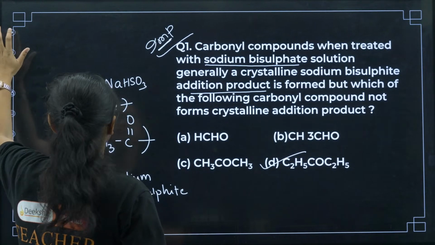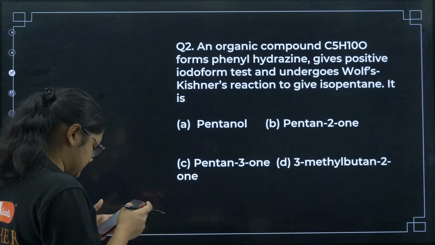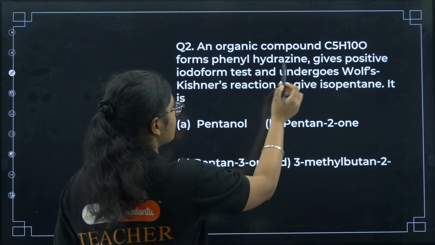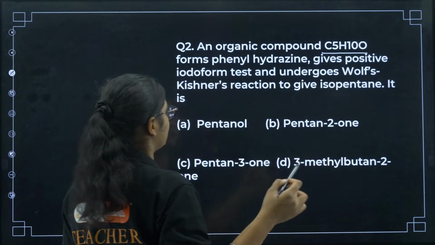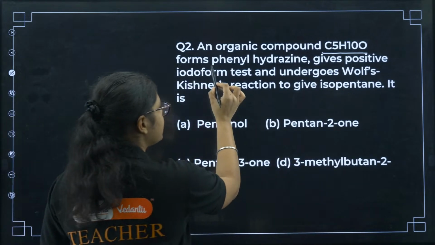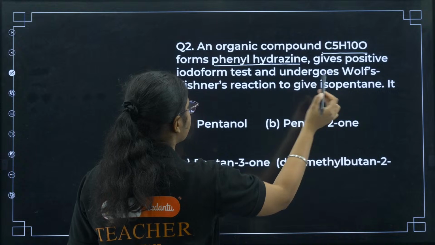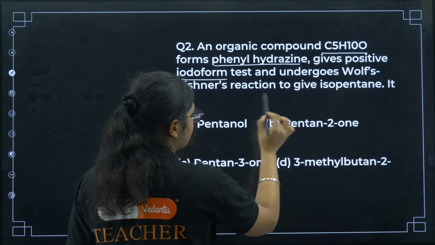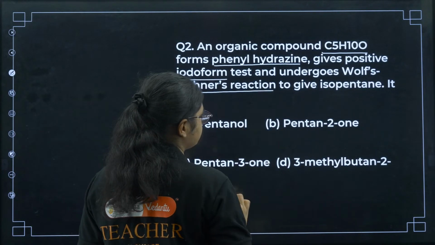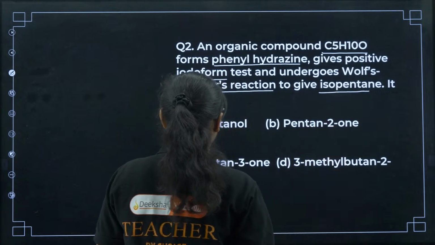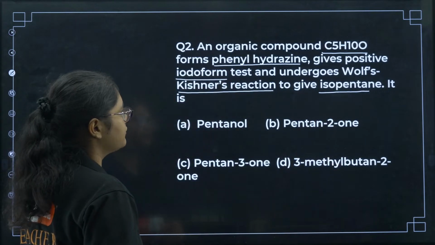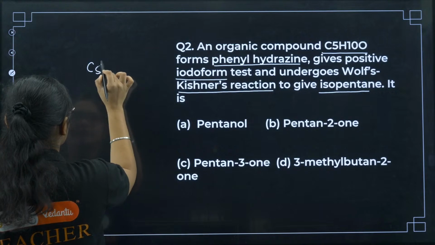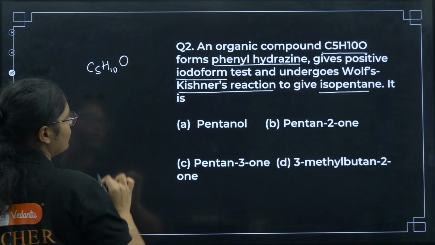Okay, next question. An organic compound C5H10O forms a phenylhydrazone, gives a positive iodoform test, and undergoes Wolff-Kishner reaction to give isopentane. What is it? So you have an organic compound C5H10O.